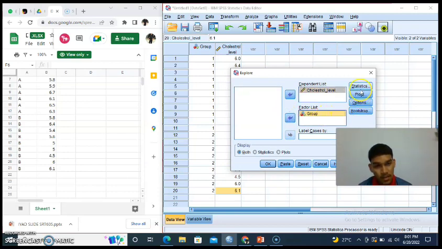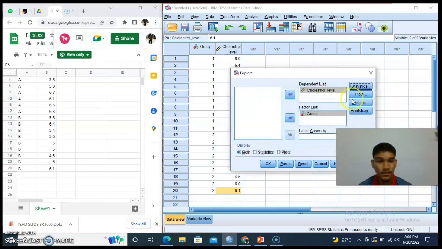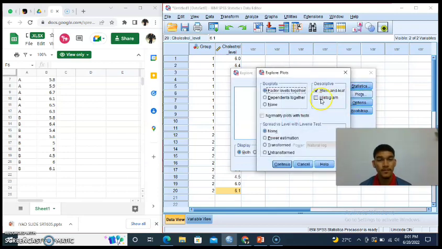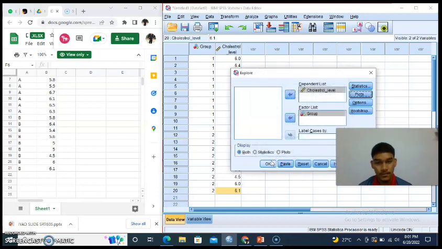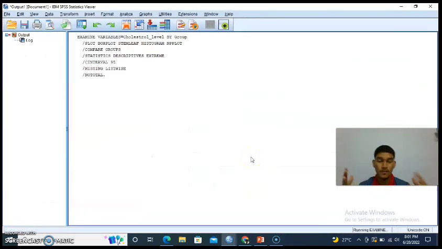After that we click statistics and make sure the confidence interval of mean is 95% and tick outliers, and continue. Then click plots, tick histogram and tick normality plots with tests, and continue, and click OK. We wait until the graph appears.